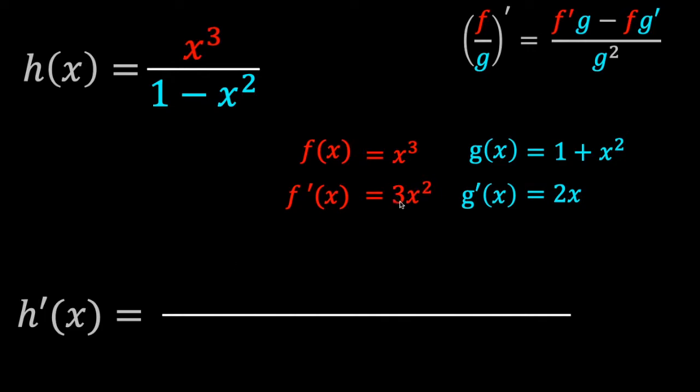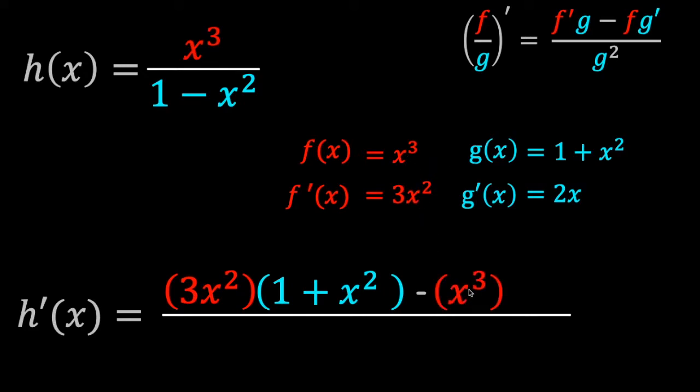So f prime is 3x squared, so we'll plug that in here, 3x squared, times g, which is the denominator left alone, 1 minus x squared, minus, because this is the quotient rule, the f of x left alone, x cubed right there, times the derivative of the denominator, g prime of x, 2x, and all of that is going to be divided by g of x squared. So 1 minus x squared, and all of that is squared. That's the quotient rule in all its glory.